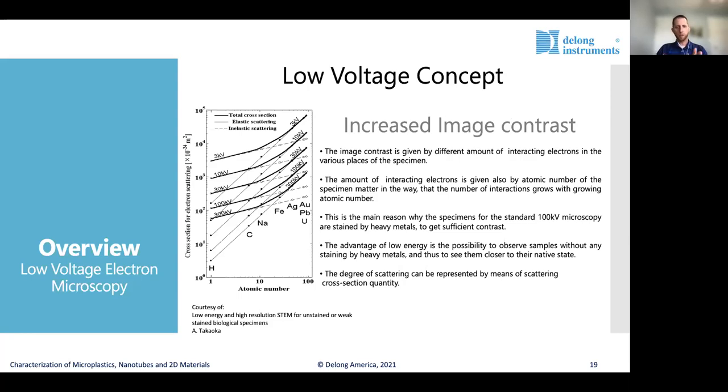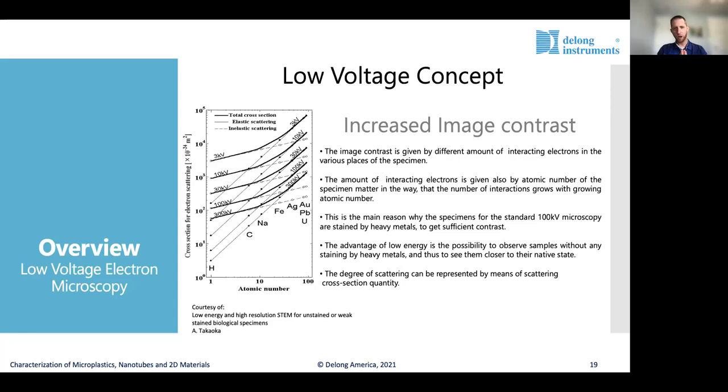And the degree of the scattering is represented by the scattering cross-section quantity. You can see that the cross-section for the electron scattering on the y-axis will increase as you decrease the accelerating voltage. And you can also see that as the atomic number of the material increases, you will get an increasing cross-section for the electron scattering as well.